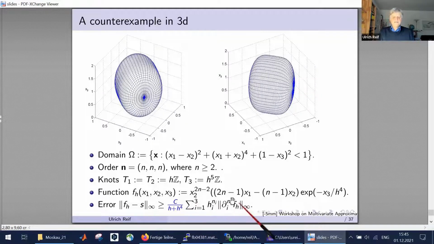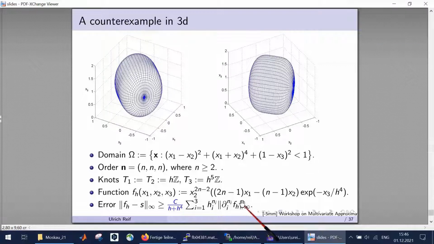You see again the typical structure of the error estimate, but now this constant has h in the denominator. So as h tends to 0, the factor in front of the sum is exploding. And there's no way to get rid of that. Diversification does not help, and all the other tricks are not applicable as well.